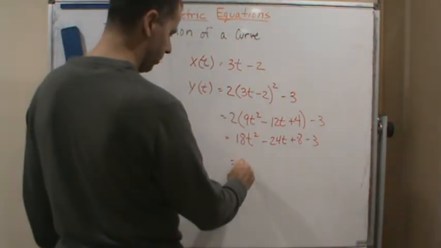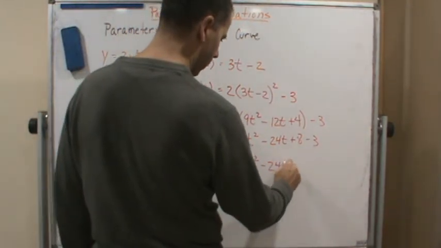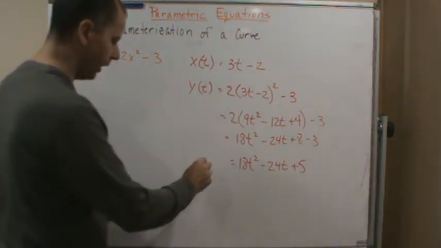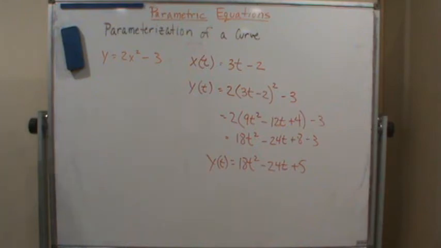Our final answer is 18t squared minus 24t plus 5, and this becomes our other parametric equation.